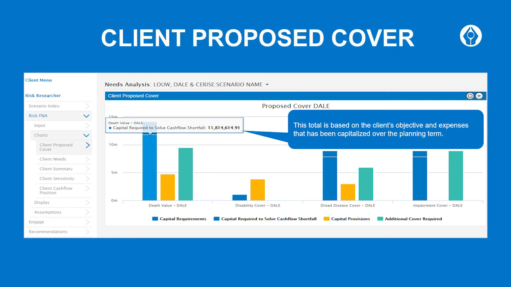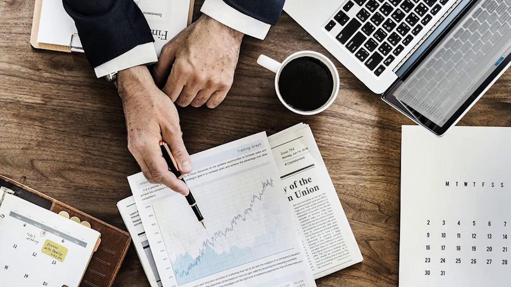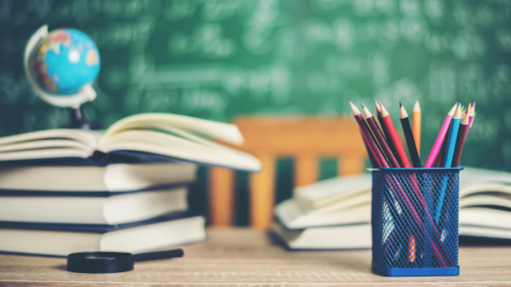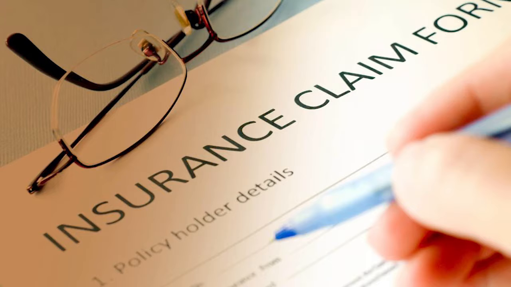Capital required to solve cash flow shortfall represents the total amount of cover needed by the client to fund the income and lump sum objectives. It includes the following: future objectives, future expenses, future education, tax on income, and cover required for tax and interim cash flow liabilities.